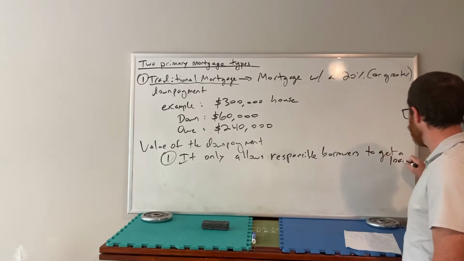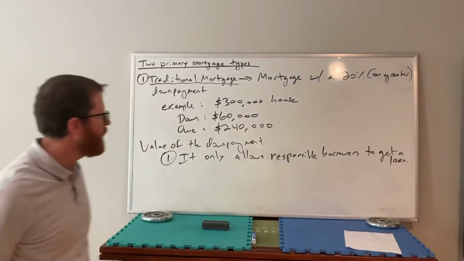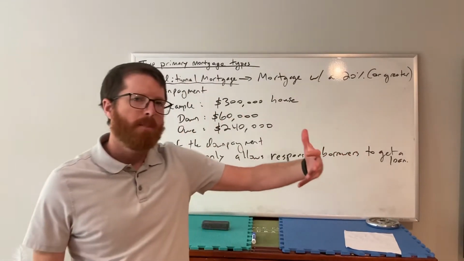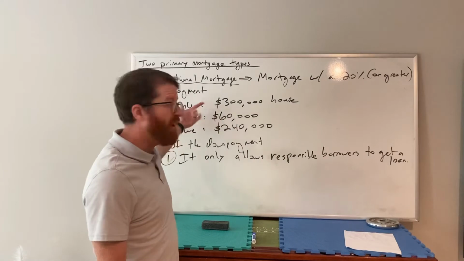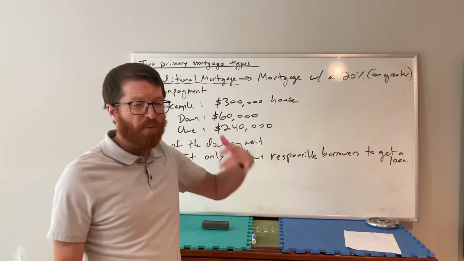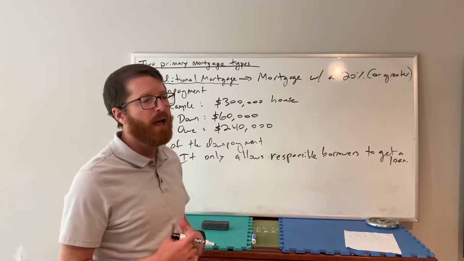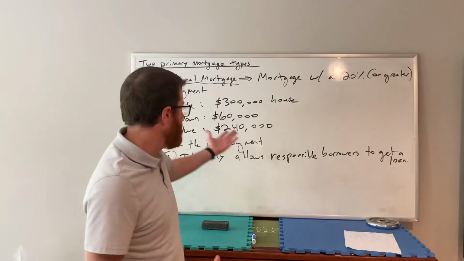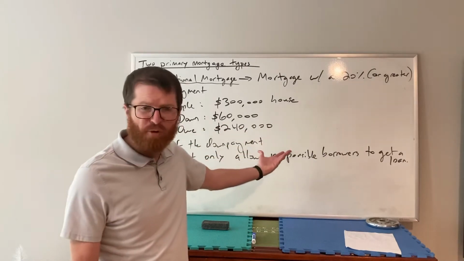This is not universally true, but generally speaking, these are going to be responsible borrowers. Because if I go to a bank and I'm looking to buy this house and I have $60,000 saved up in liquid assets, that shows that I probably had a job for a long period of time. I have the ability to save money. Or maybe even if it's not me, maybe I got this money from my parents. Well, maybe I have rich parents, okay?